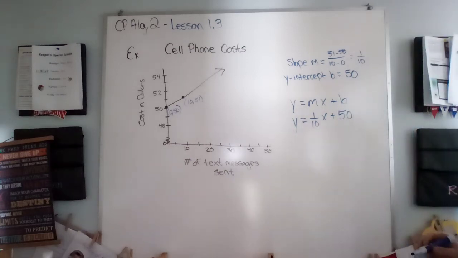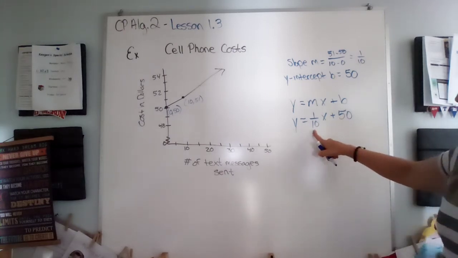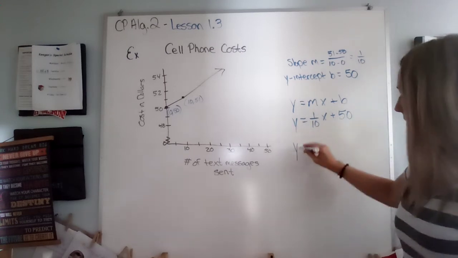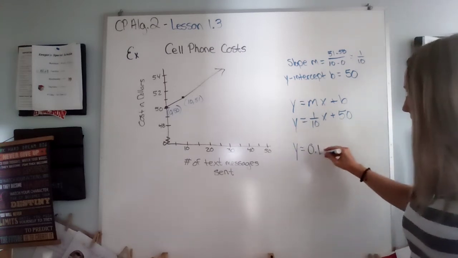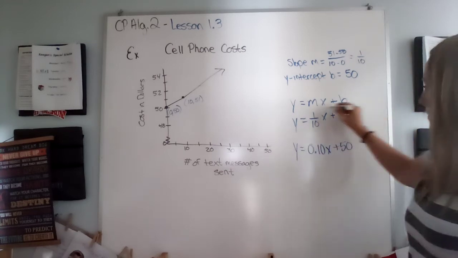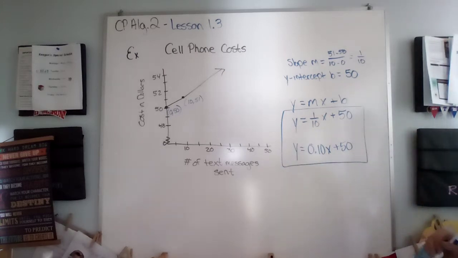So when you're asked to write an equation, that could be your equation. Now, since we're dealing with money, you might want to turn this into a decimal. It just might make more sense in terms of the problem. But either one of these equations would be perfectly fine for your answer.